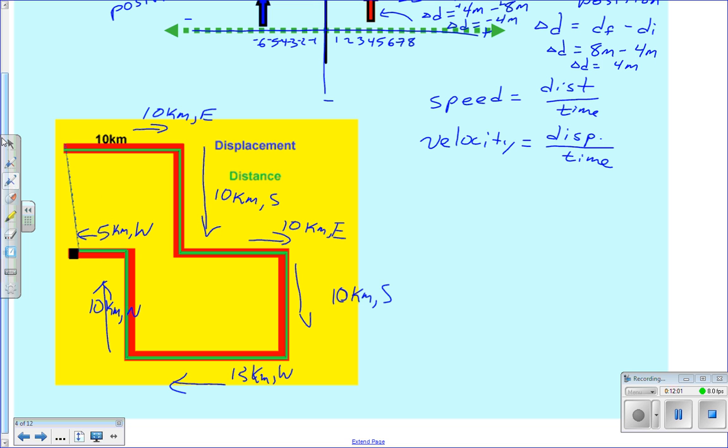So it moves a total distance of 70 kilometers. But its displacement, its change in position from where it started to where it stopped, is only 14 kilometers in some angle southeast. Okay? So displacement is just a measure of where it ends compared to where it started.